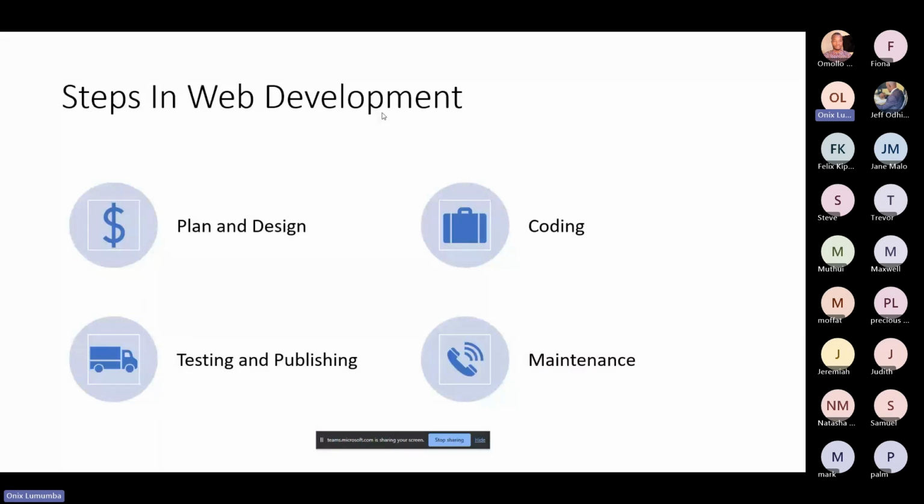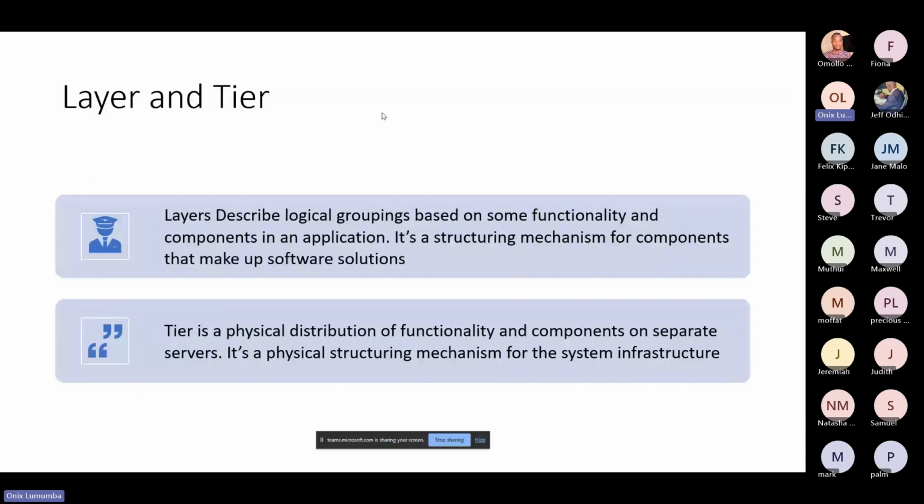Okay. There are some things you can check between layers and tiers. So what's a layer? A layer is a logical grouping, based on functionality, of components in an application. So different components may have different functionalities, and that logical grouping is what we call the layer.